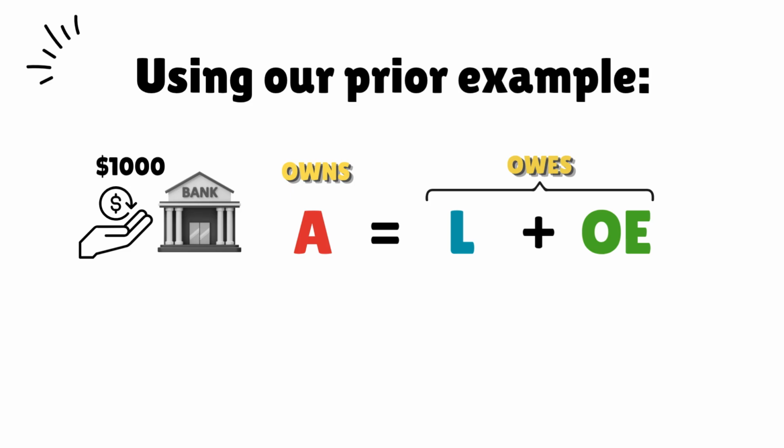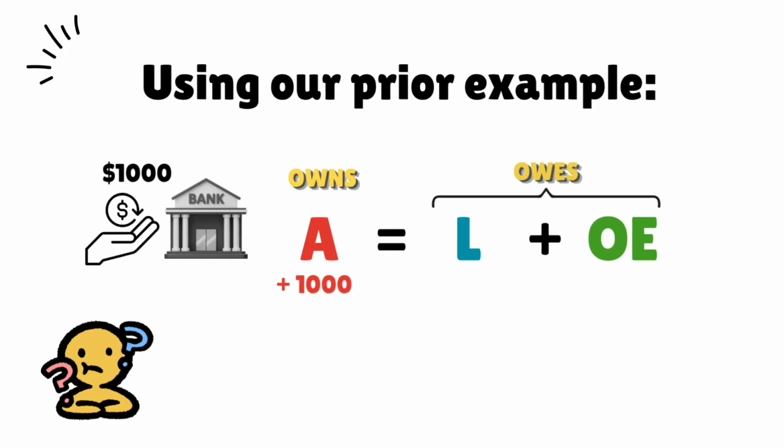You'll remember we spoke earlier about the business owner that deposited $1,000 into the business bank account. When he did that, what happened? The bank account increased by $1,000 and the owner's equity increased by $1,000. Remember that the bank account is an asset to the entity, and assets increase on the debit side.